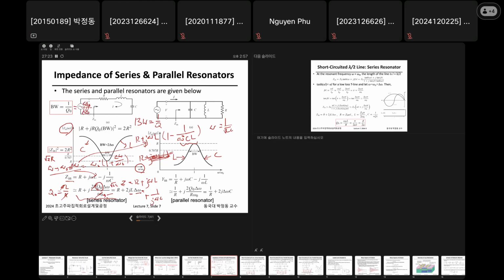So this is a fractional bandwidth, and the fractional bandwidth is 1 over Q0. In the same way, for the parallel network, you can express it exactly the same way. The fractional bandwidth is 1 over Q0.